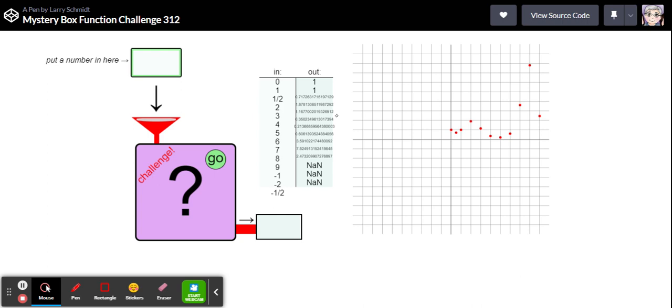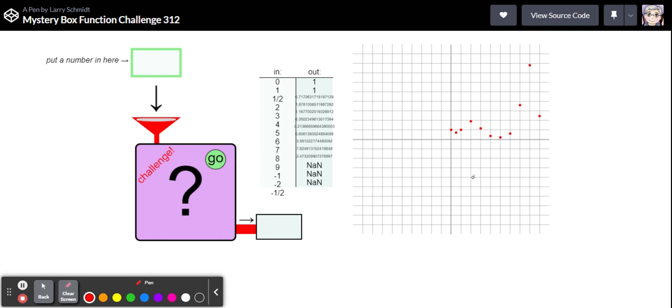And then the non-repeating decimals and the fact that it goes up and down makes me think of a trig function, either cosine or sine. Boy. So what if, and look at how steep this is. So this portion does look like an exponential curve. What if it's the sine and the exponential put together somehow?